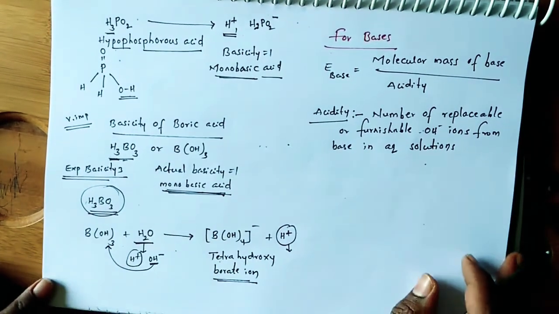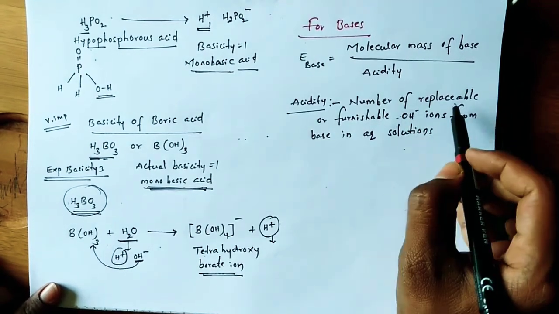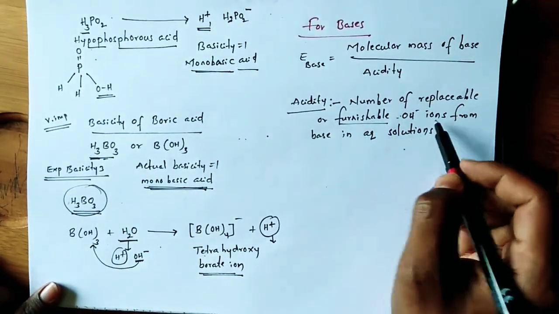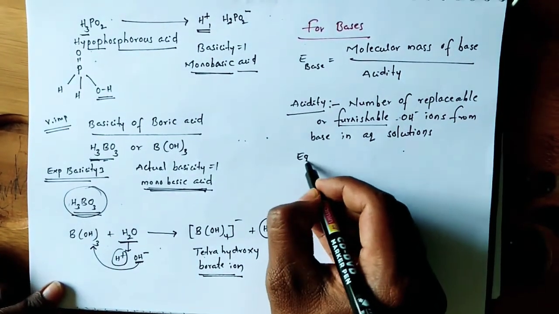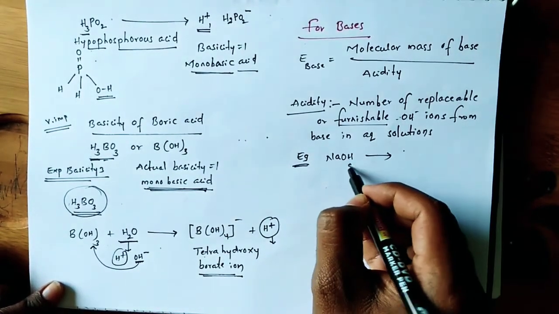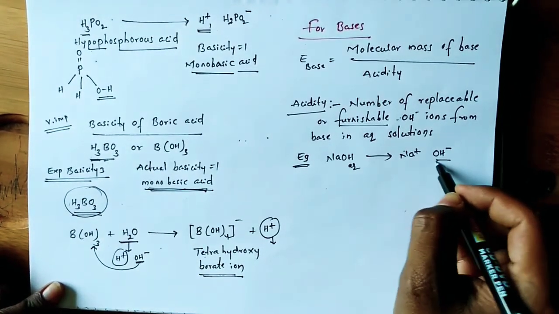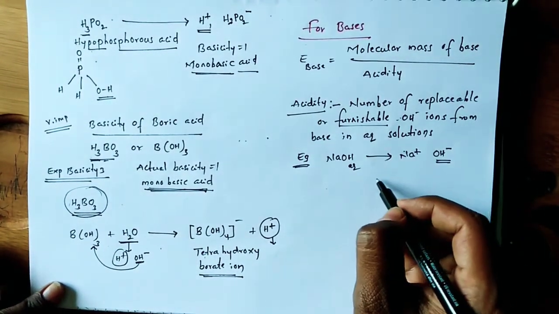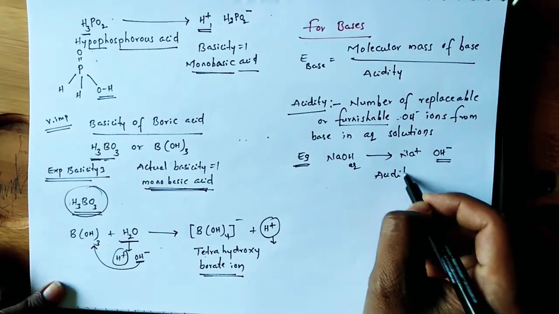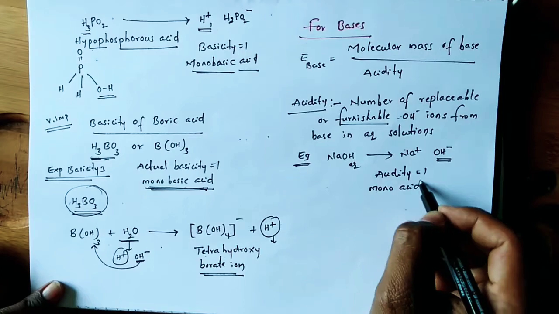In the case of acids it is the number of furnishable H plus ions, but in the case of bases it is the number of replaceable or furnishable OH minus ions. Simply, take sodium hydroxide. In aqueous solution, it furnishes into Na plus and OH minus. So one OH minus is furnished, so its acidity equals 1. This is a monoacidic base.